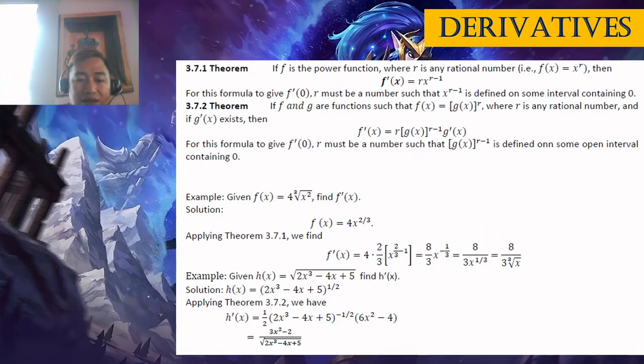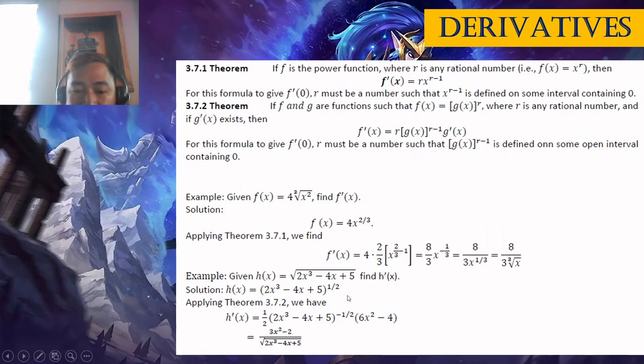Now, next example: if h of x is equal to the square root of 2x cubed minus 4x plus 5, find h prime of x. We use the same theorem. We rewrite the square root as an exponent of 1/2, and multiply by 1/2 on the side. Then 1/2 minus 1 is negative 1/2, so we copy negative 1/2.